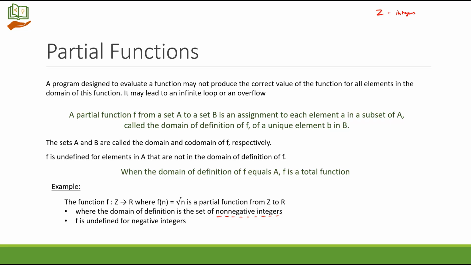If you have a mapping from Z to R, it contains 0, it contains positive numbers, it contains negative numbers. With regard to the square root function, they say this square root function is not defined for negative integers. When a part of this particular domain is not defined, you call it a partial function. So when do we call it a total function?